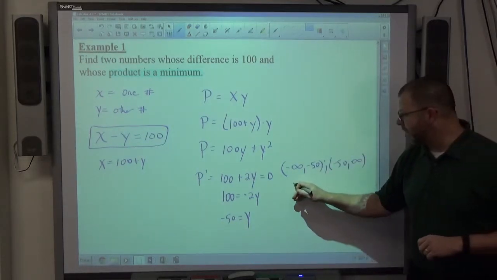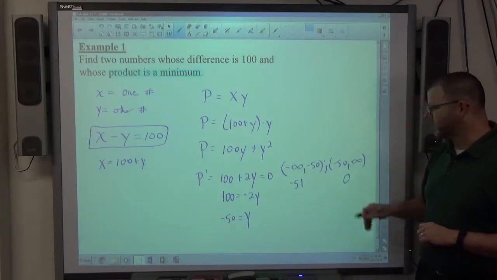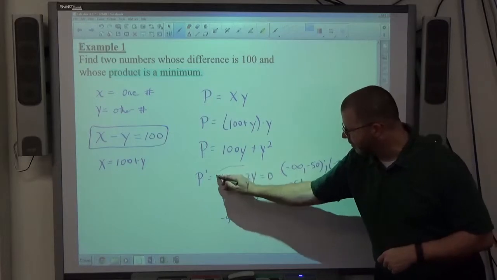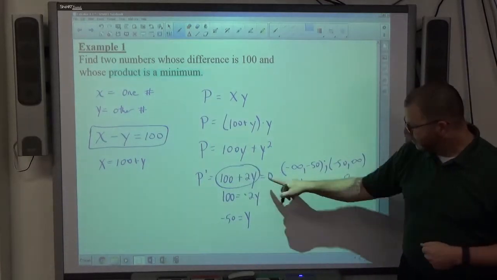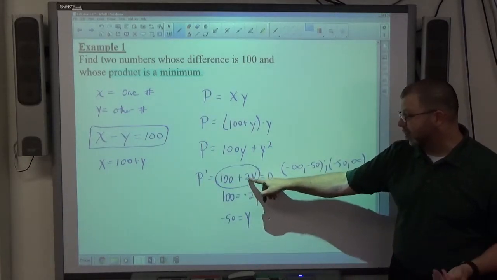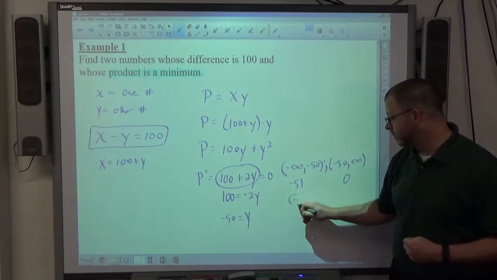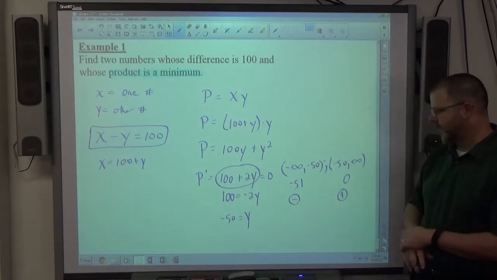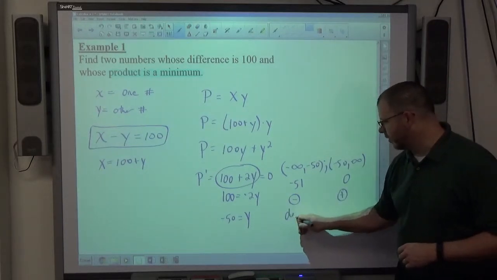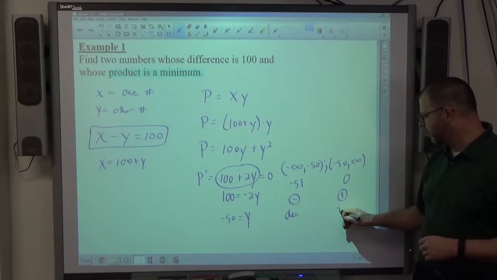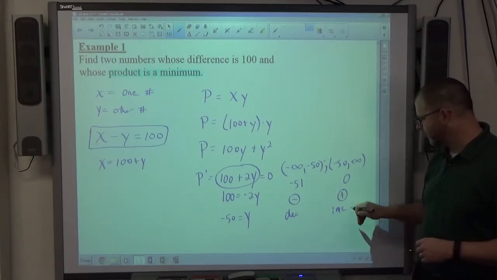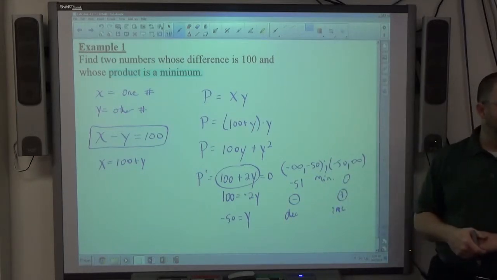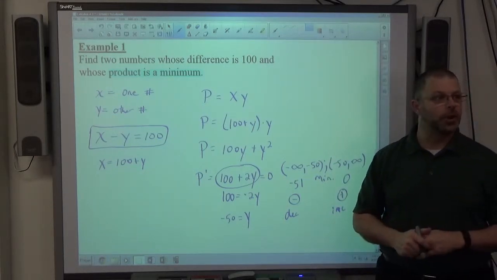I'm going to pick negative 51 here, I'm going to pick 0 here, and I substitute those into the derivative, 2 times negative 51 is negative 102, plus 100 is negative 2. 100 plus 0 is positive 100. So it decreases. At negative 50, it switches to an increase. And if it goes from decrease to increase, we're at a minimum, right? So that verifies that what we found was a minimum.